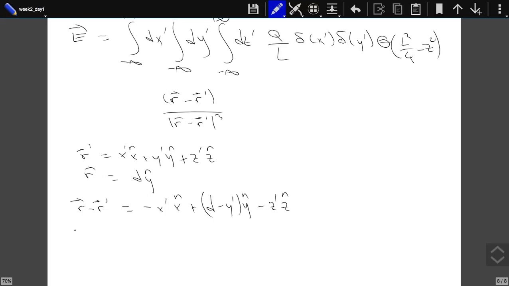So the length of this vector is equal to the square root of x prime squared plus d minus y prime squared plus z prime squared.